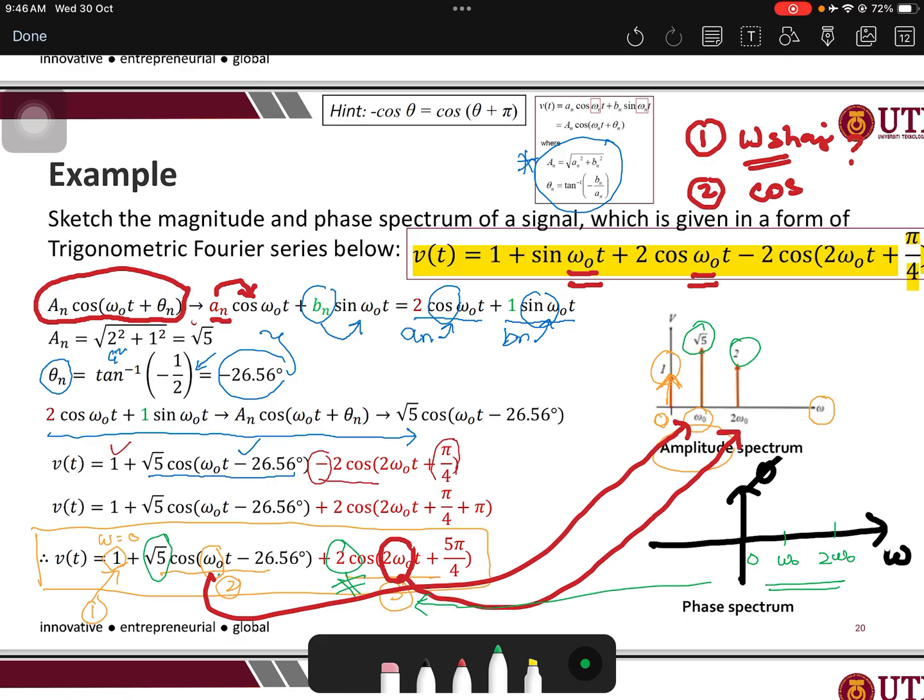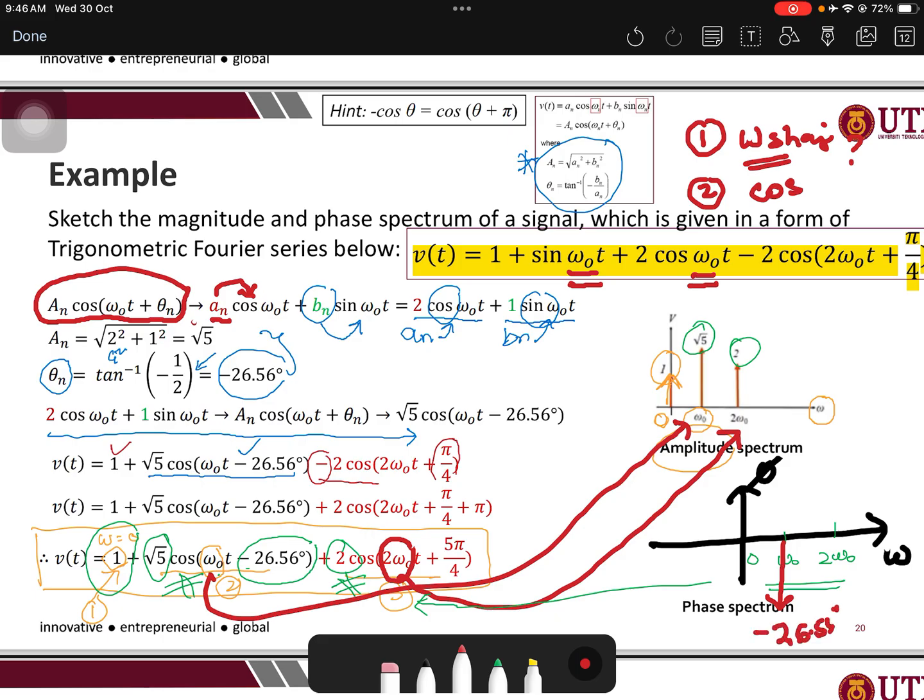Now let's take a look at the phasor. For omega equal to 0, your phasor is 0, so you don't have to draw anything. Let it be. For the second component, the phase is negative 26.56, so it is negative, meaning drawn downwards.